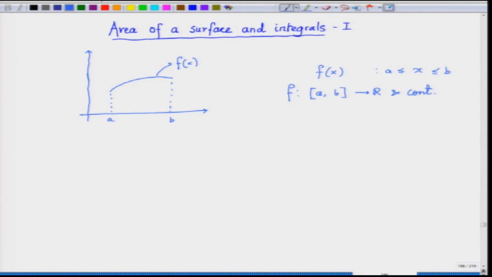Now, if I revolve this curve around the x axis, then you would get what is called a solid of revolution of this form.